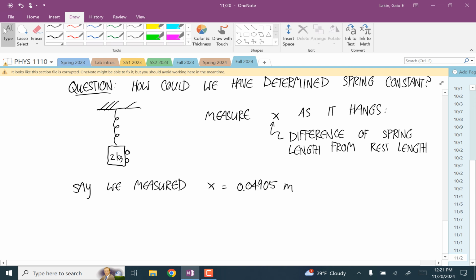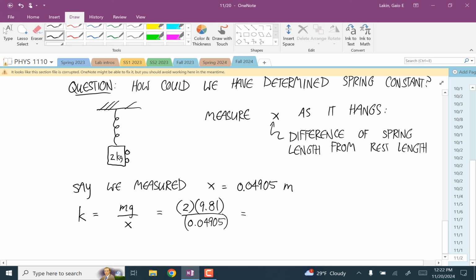So then to calculate the K value, K is equal to mg divided by the elongation. And so in this case, that's 2 times 9.81 divided by 0.04905.